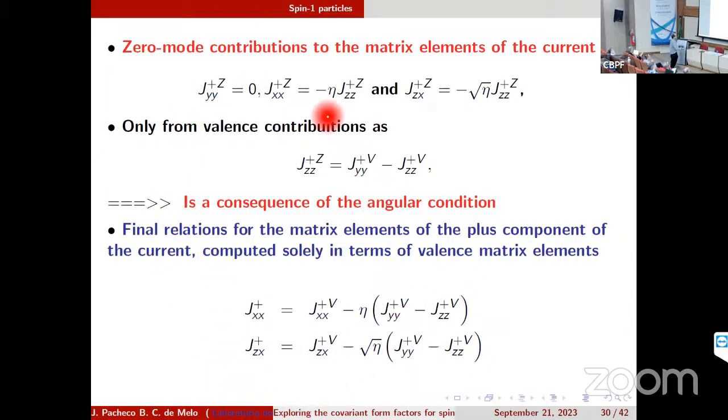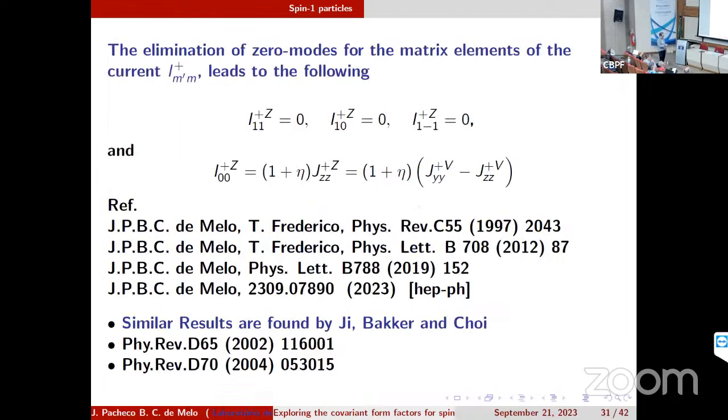And then you can use all this to eliminate the zero mode at the level of the direct trace. Then you go to light front matrix elements. Then this zero modes 1, 1 gives 0, 1, 0 also gives 0, 1 minus 1, zero mode gives 0.